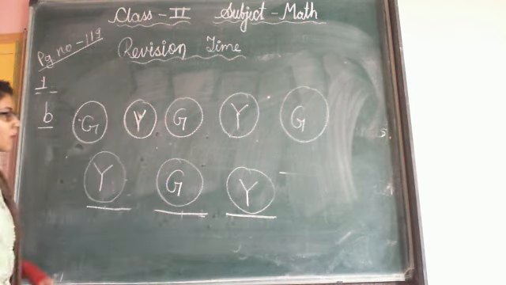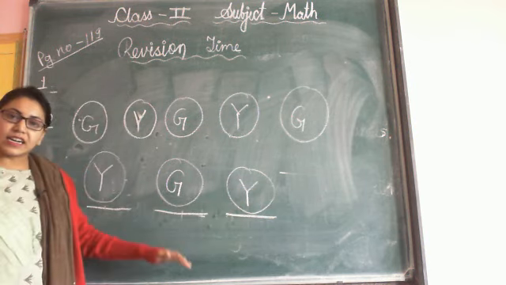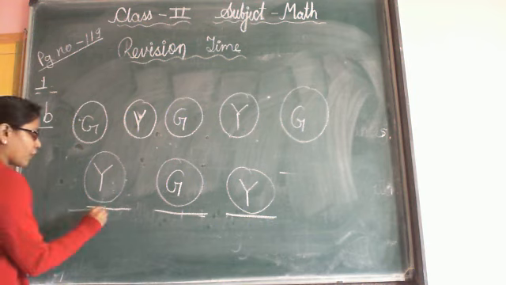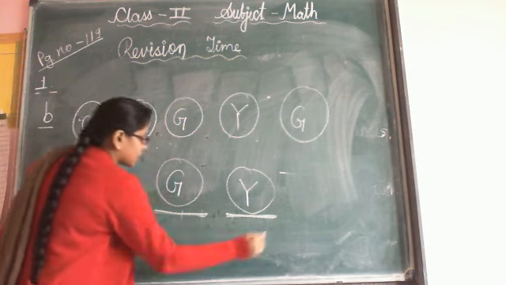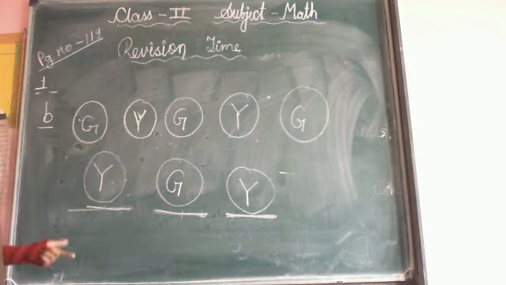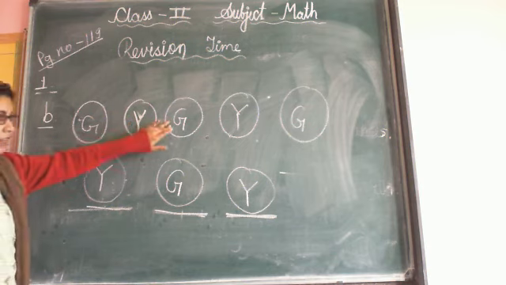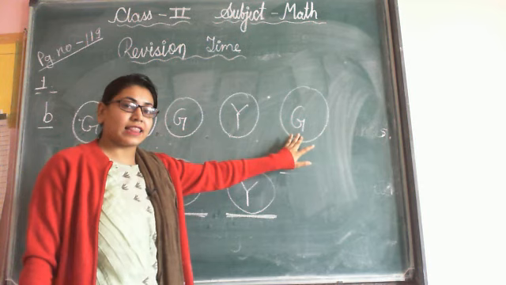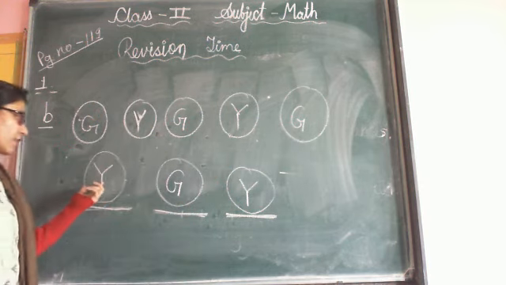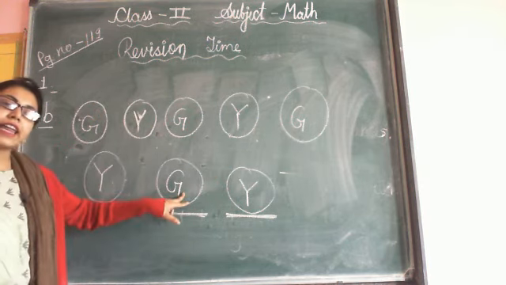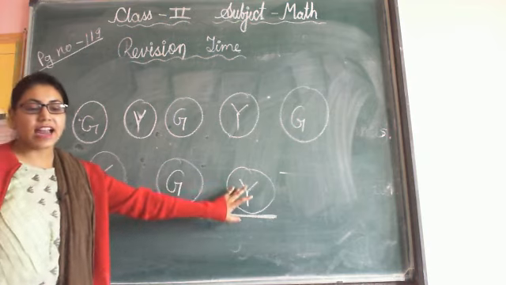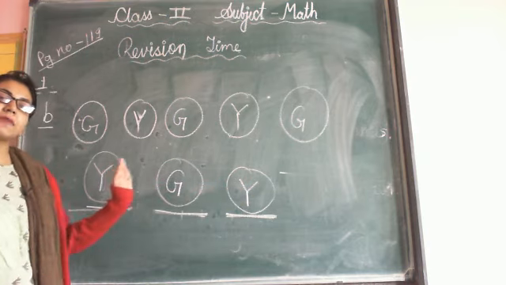So all the shapes are circle shapes. So we have drawn 3 circles in the next 3 steps. Then we observe the pattern of color. First green, then yellow, green, yellow, green. Then after green, yellow will come. Then after yellow, green. After green, yellow. So this is how we will complete this pattern.